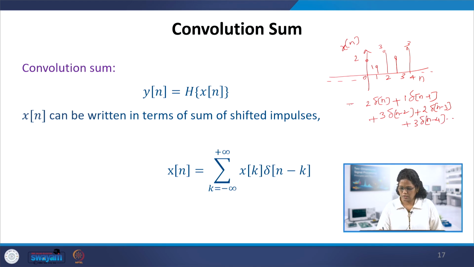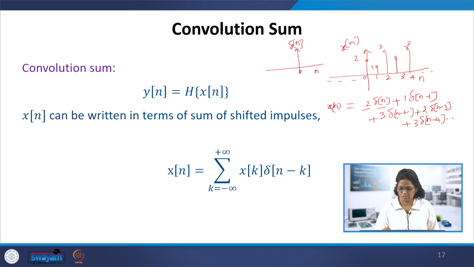So, like this, this signal is x of n now. The del of n is defined only at n equal to 0, so at n equal to 0 this is 2 into del of n, and at n equal to 1 the sequence is del of n minus 1.